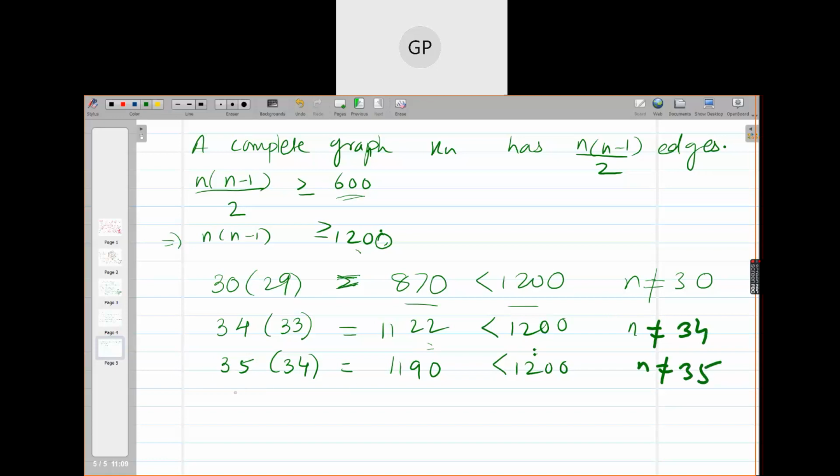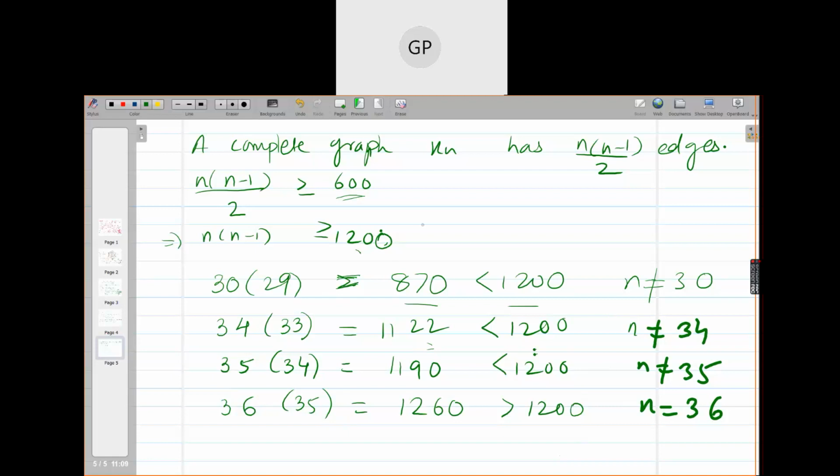So after 35, I try the immediate number 36. 36 into 35 is 1260, and that is greater than 1200. This will work, right?